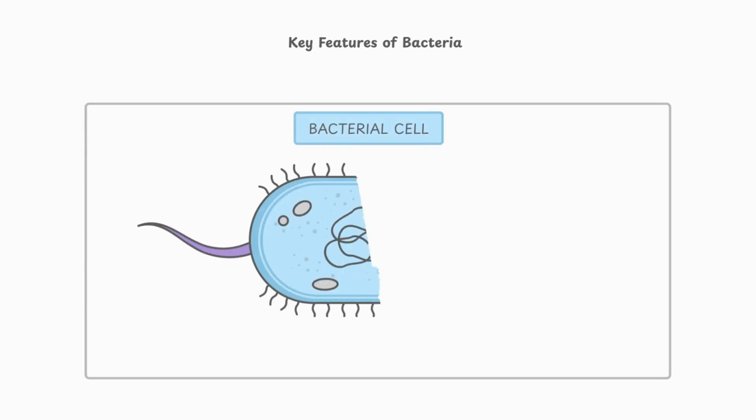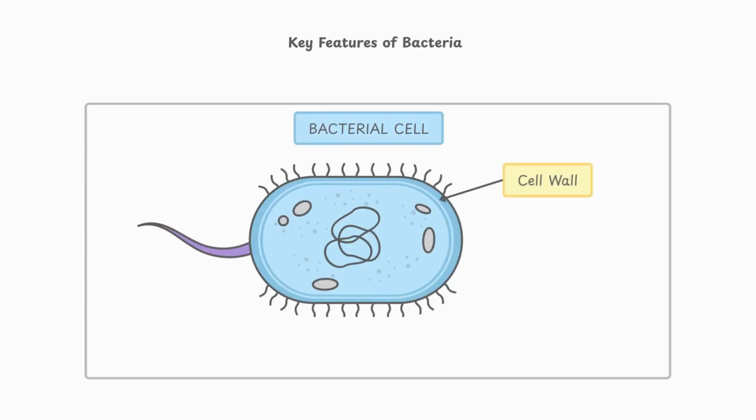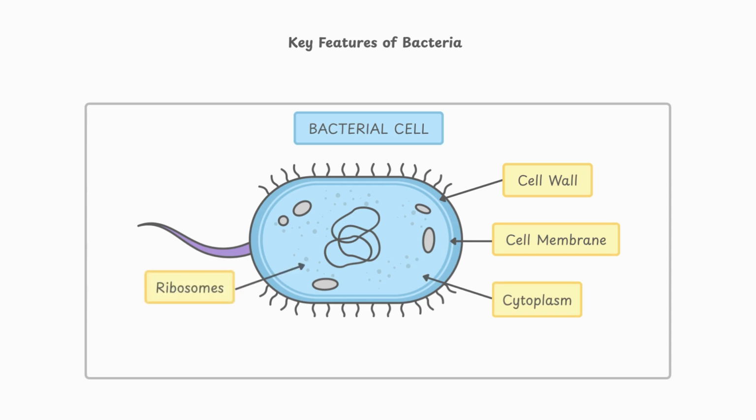Now let's examine the key features of a bacterial cell. Bacteria have a cell wall, which provides strength and support. Inside the cell wall is the cell membrane, which controls what enters and leaves the cell. The cytoplasm is where many chemical reactions take place. Ribosomes are found in the cytoplasm and are responsible for making proteins.